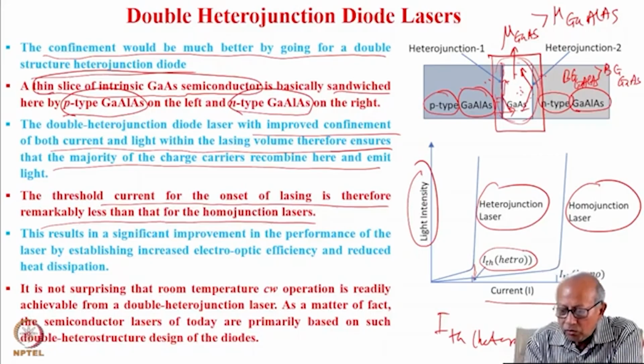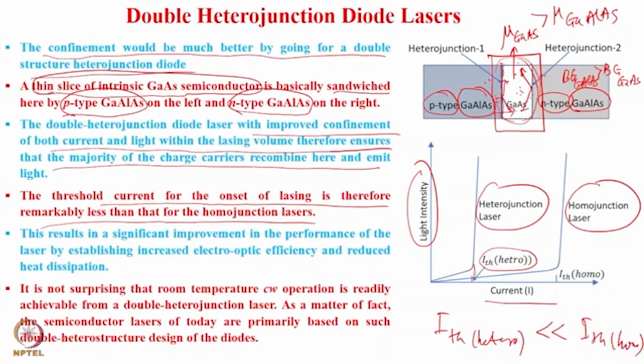So this allows continuous operation of semiconductor laser even at room temperature, because at such low current, the heat dissipation into the diode is much smaller. Therefore, even at room temperature, it effectively becomes cold, and no liquid nitrogen bath cooling is required.